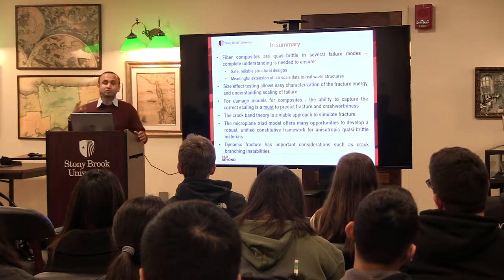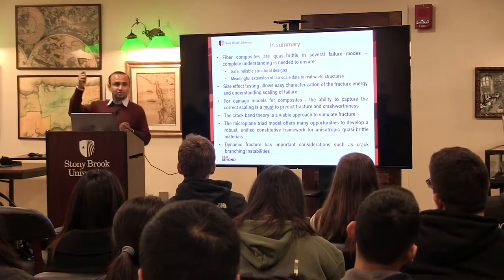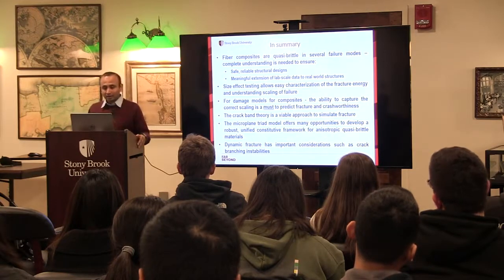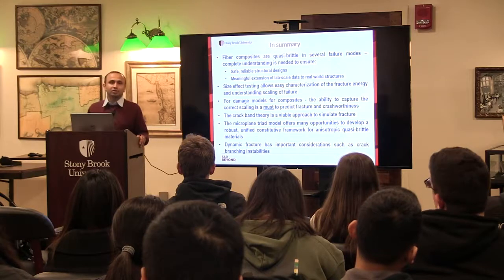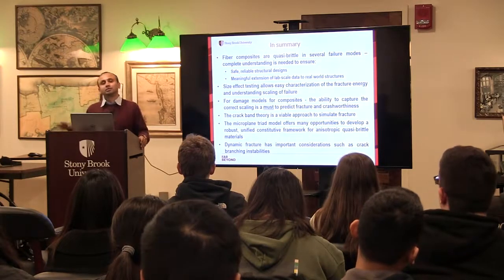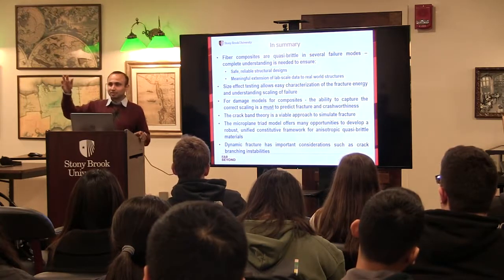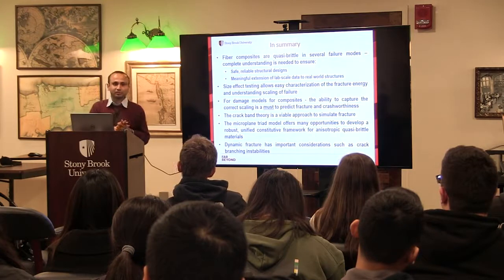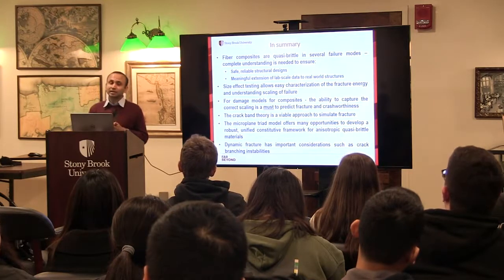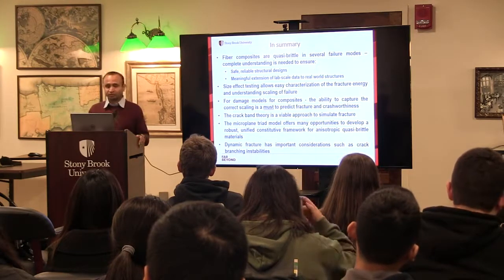And of course, you must capture these different failure modes: tension, compression, shear, and you can use this smeared crack band approach, where it doesn't explicitly model the crack, but models it in a smeared fashion where the stiffness of the material is degraded to zero. For very large structures, that appears to be very effective.